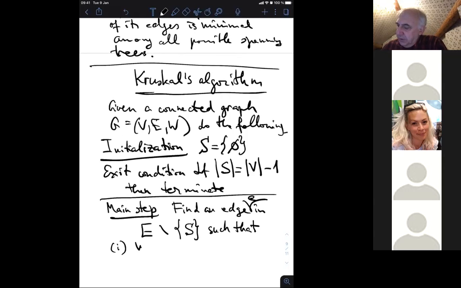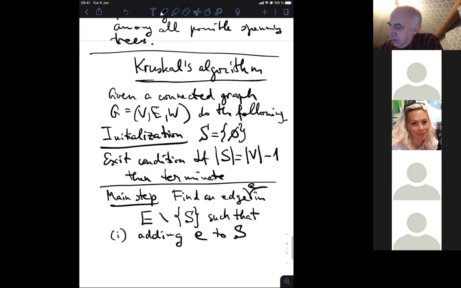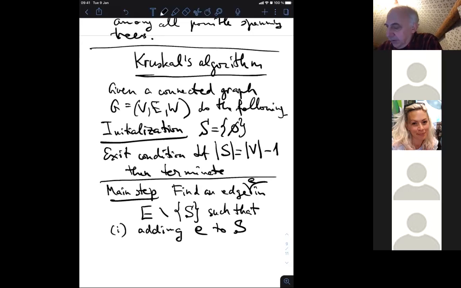The first condition: adding E to S creates no cycle.